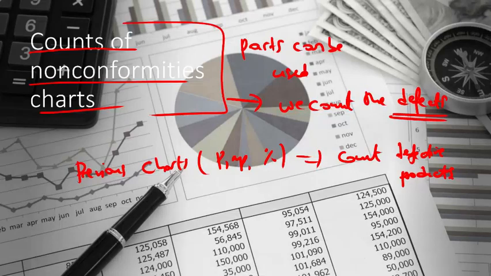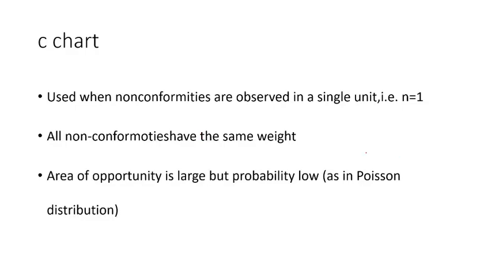So I will first start with the C chart, and the C chart means that we will use one sample size, the sample size of one.